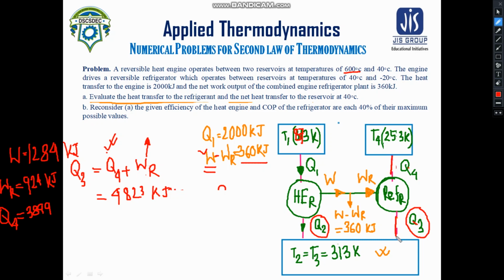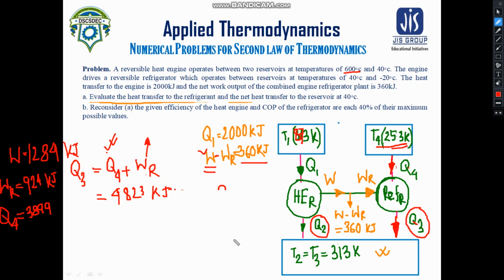It will be in this direction and in this direction. So this is your sink. This refrigerator is taking heat from this one and rejecting to this. I am very sorry. Please correct this, because I made a mistake here. Please reconsider it and draw the diagram once.